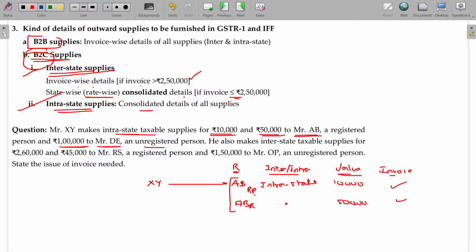And from XY to DE, who is DE? Unregistered person, value being 1 lakh. What about the scenario? Intrastate. Now the question is, as he is an unregistered person, he is not eligible for ITC benefit, so a tax invoice is not required. Do I want to upload this invoice? No, not required.